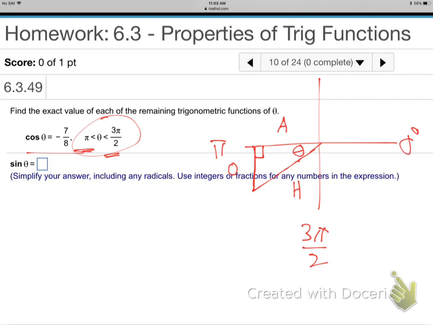So therefore, we want to make all of our angles connecting to the x-axis, not the y. That's called a reference angle. That way, all the trig functions, sine, cosine, tangent, will all be the same that way. I don't know if you remember some of that from your trig class. So that's called a reference angle. It means with reference to the x-axis, referring to the x-axis.